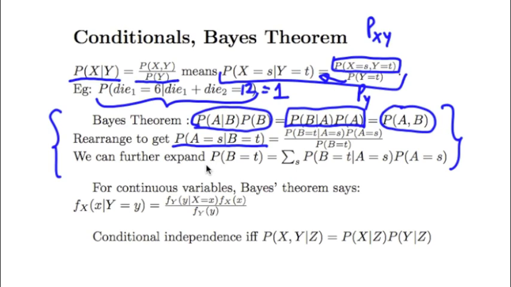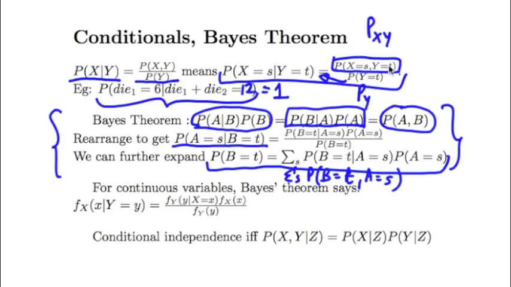Now if you remember the definition of the marginal, we can further expand it. The definition of the marginal is that P of B is equal to T is exactly the summation of the joint distribution of B equal to T and A is equal to S over all S. But remember that this, by conditional properties, can be expanded as this.